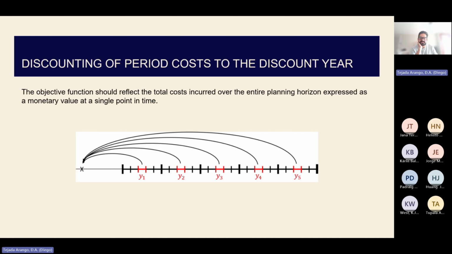Other things that are interesting is that, of course, you want to have discounted periods or a discounted year. So basically, when you start using these multiple years, you want to have a reference.